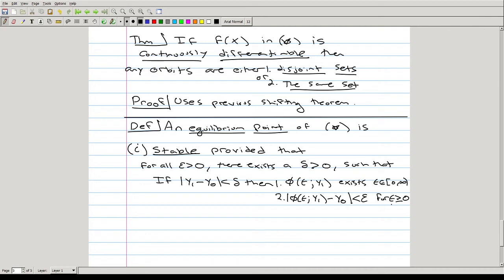So this is the exact mathematical definition of what a stable equilibrium point means.